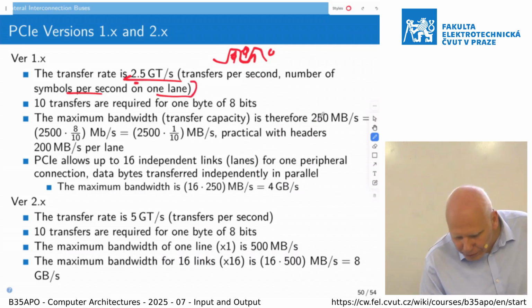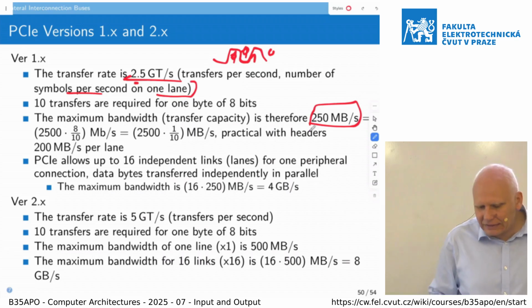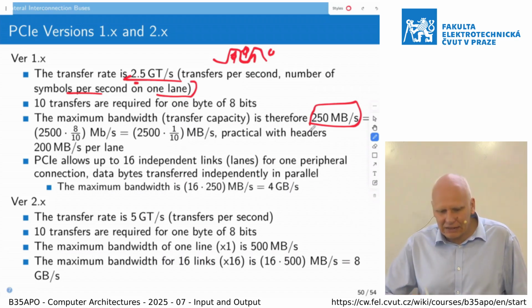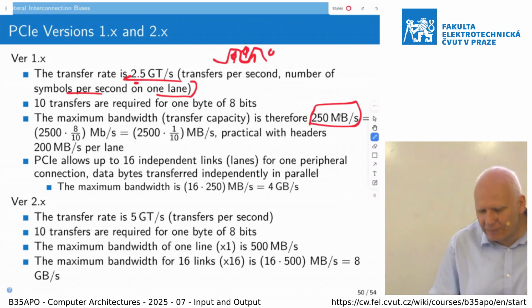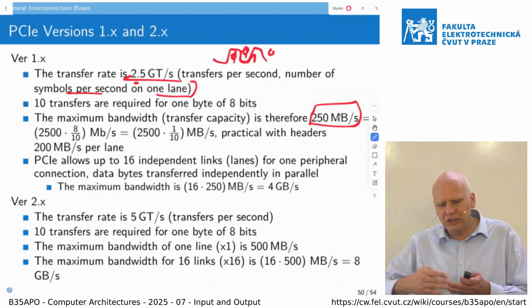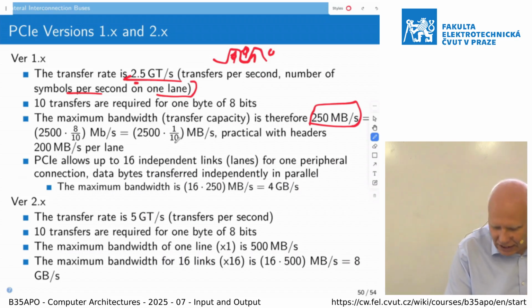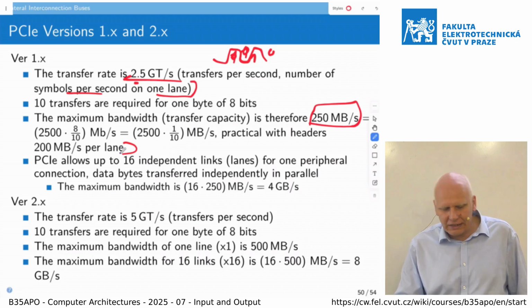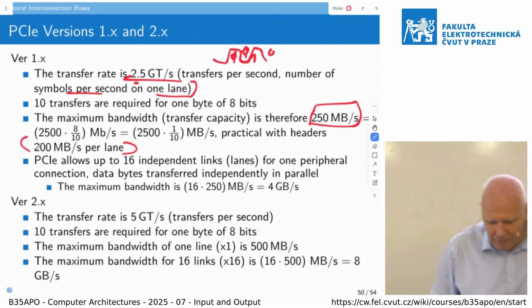You can compute that the capacity in bytes, when we encode them by 10 bits, is 250 megabytes per second, but due to synchronization, headers, data checking signals and so on, the practical throughput of a single link is something like 200 megabytes.